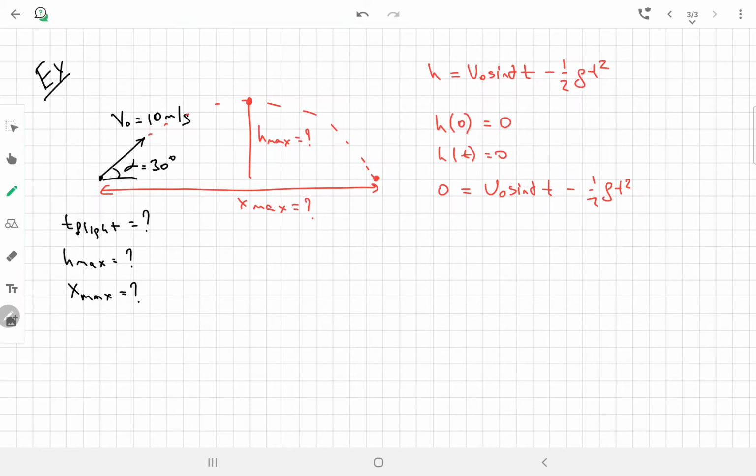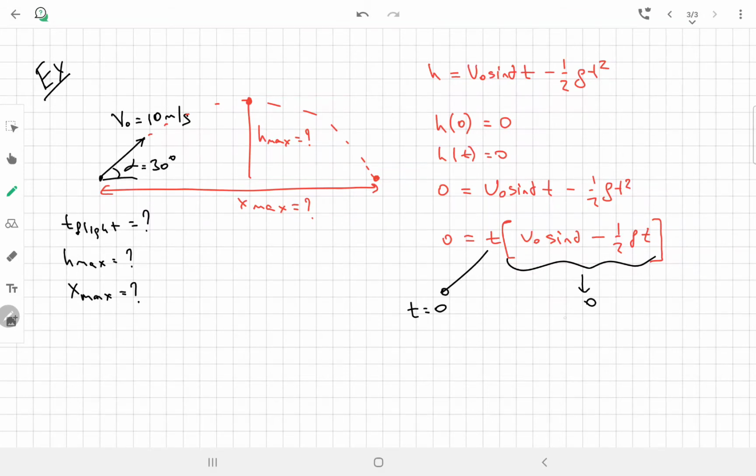So let's continue. Let me take time out of the parenthesis bracket, so it will be v0 sine alpha minus 1 over 2 g t. As you see, this equation has two answers. The first one, from here, it's obvious that time can be equal to 0, and also this part can be equal to 0.